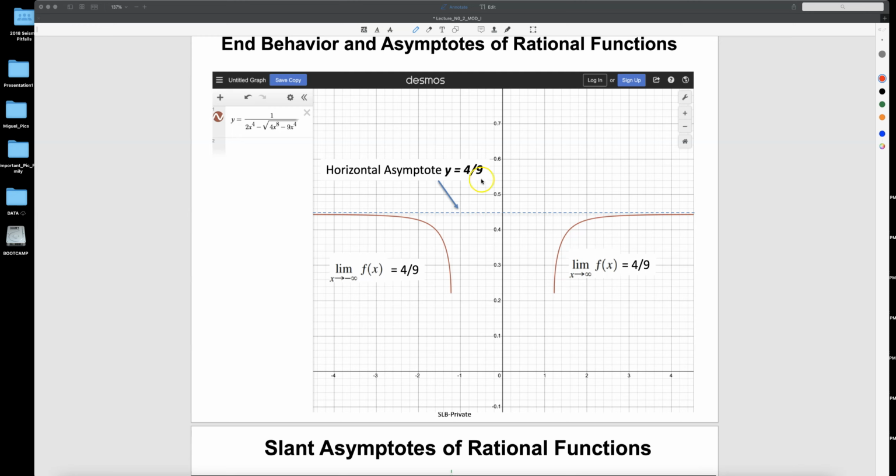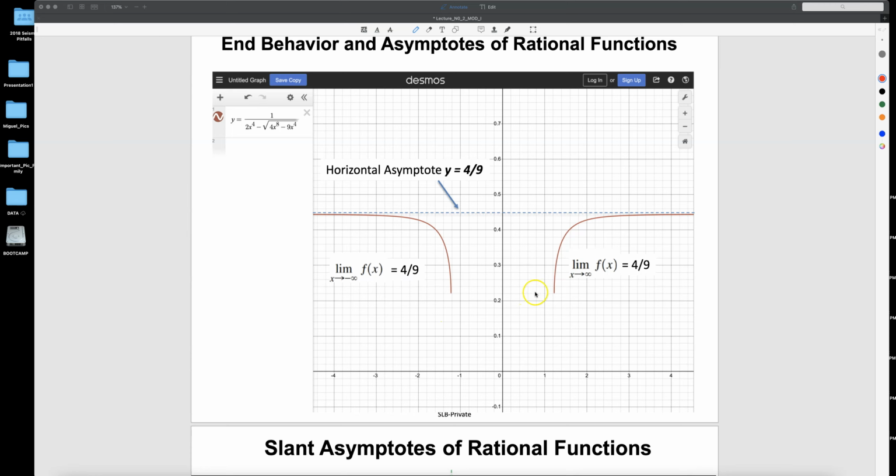So the limit of the function, as x goes to negative infinity or positive infinity, is going to be 4/9. That is a limit at infinity.